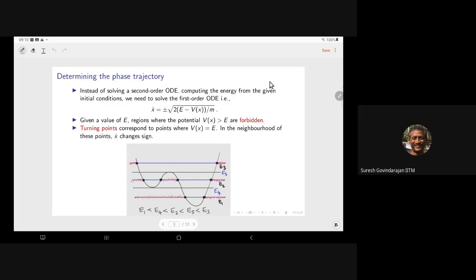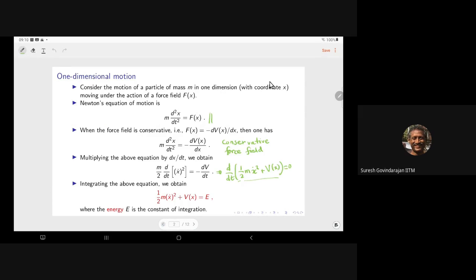Okay. So the next step would be to actually solve this differential equation. But the advantage here is that one integration is trivially done, so we can use this equation. E is some constant, so we can think of E as one of the quantities that are given in the beginning.